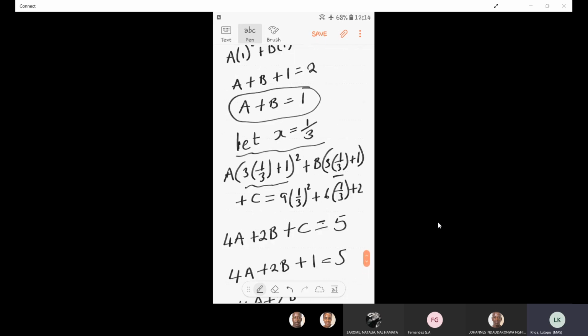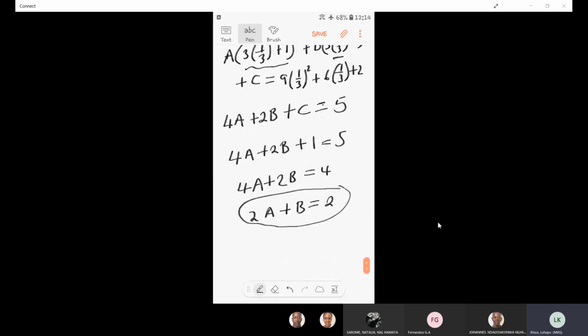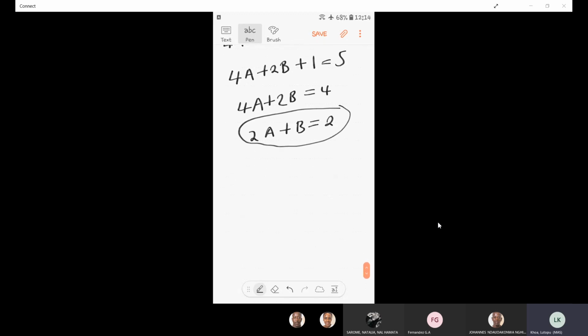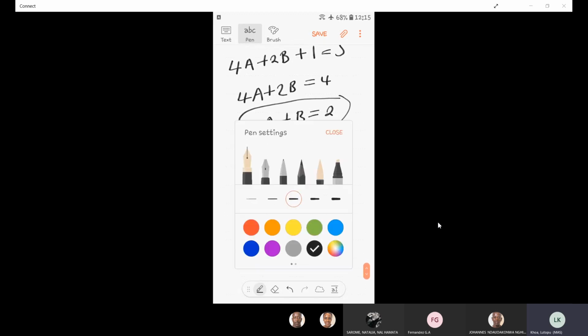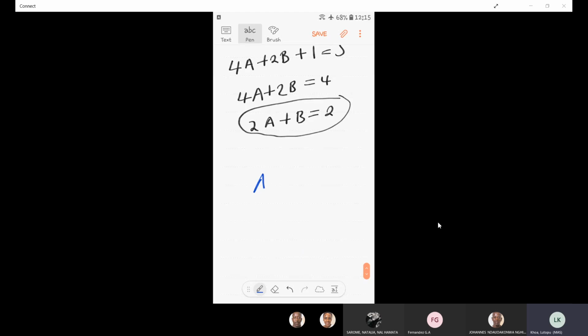So the first one was A plus B is equal to 1, and now I have 2A plus B is equal to 2. So I'll solve these simultaneously. We can use elimination. The coefficients of B are the same, so I will have to subtract. Then here I have minus A is equal to minus 1.